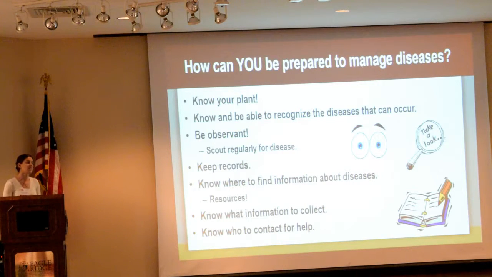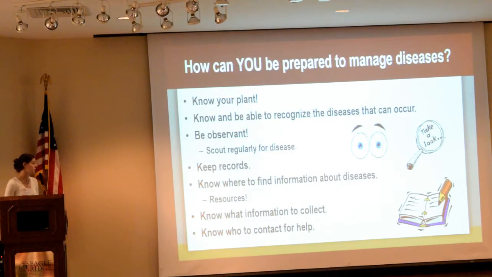There are many different plant pathogens, but only a certain number will infect a particular crop, and you can narrow that down even further, in that only a certain number of them are typically common, particularly either in a certain area or under certain conditions. You want to be observant. Scout regularly for disease. This was mentioned yesterday. Sometimes if you see symptoms, it may already be too late if you're not scouting regularly.